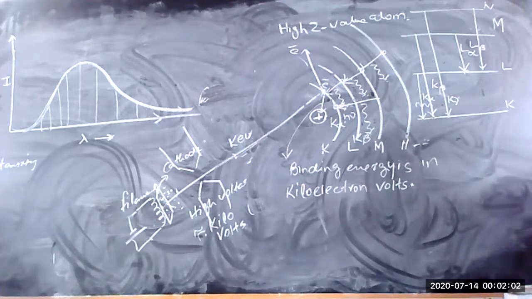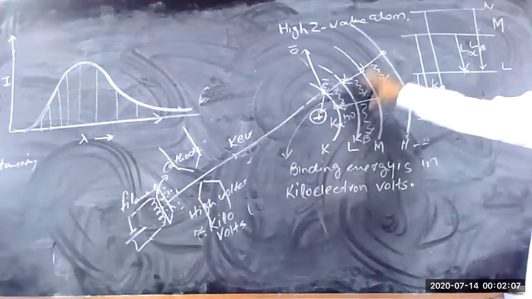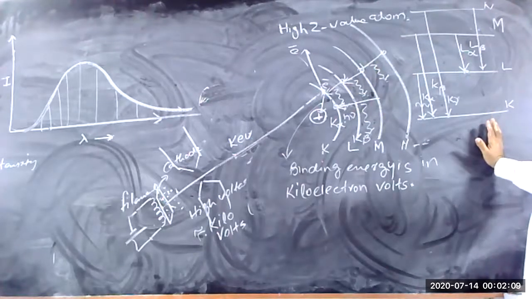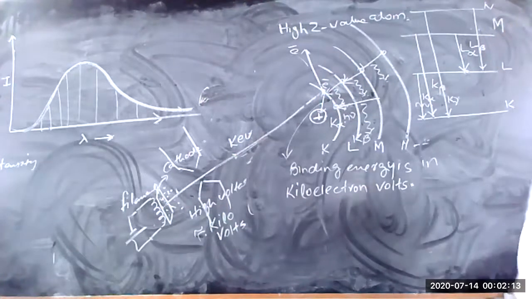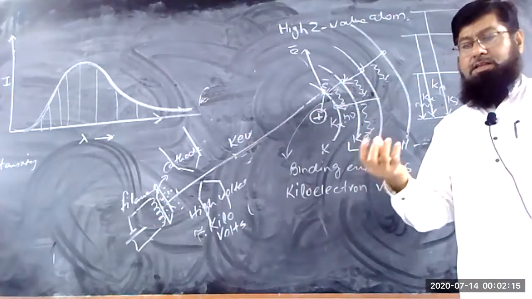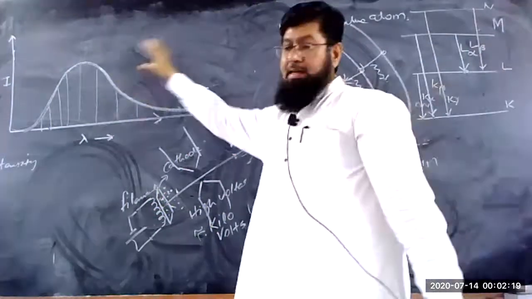Now we have to look at the difference between the characteristic X-rays and the continuous X-rays. The characteristic X-rays are discrete packets of energy, and the continuous X-rays give continuous packets of energy.